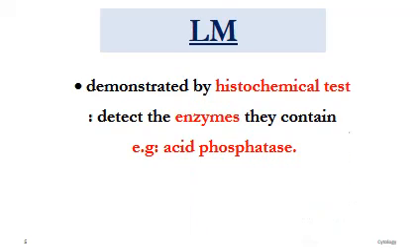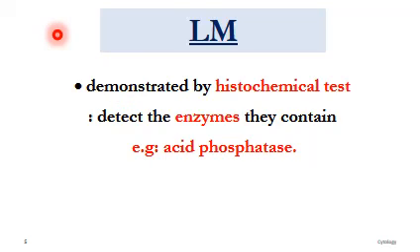By LM, we cannot demonstrate it by H&E, which is a routine stain, or the other special stains used previously. But we can use a test known as a histochemical test, and also the stain known as a histochemical stain. By this test we can detect the presence of certain enzymes inside the lysosome in the tissue.